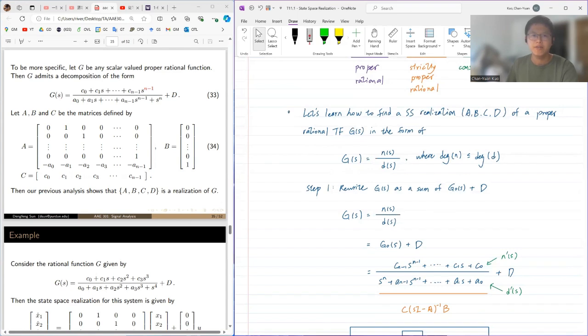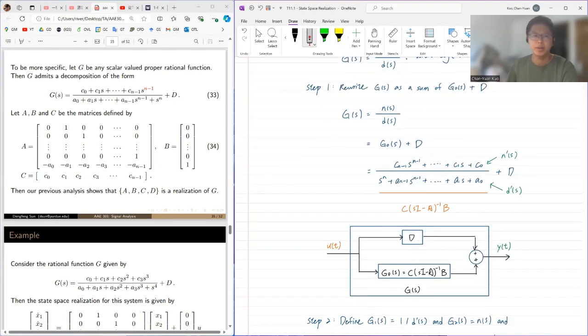Okay, now let's delve into how to derive a state space realization of a proper rational transfer function G(s). Step 1. Rewrite G(s) as a sum of a strictly proper rational function G0(s) and a constant d.